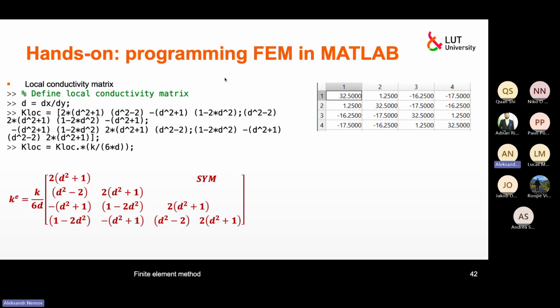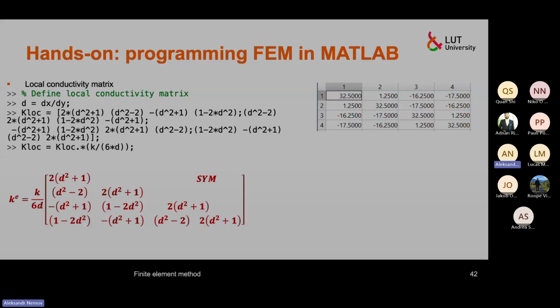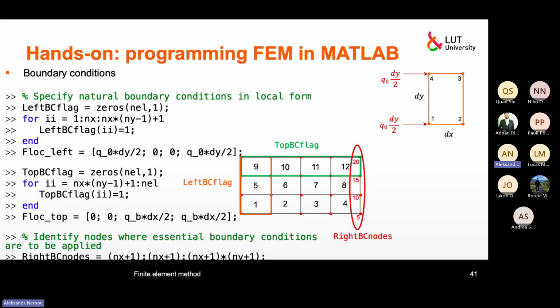And it's not 0 in your case at node number 5. So this is node number 5. I think you have some mistake maybe with these right boundary condition nodes. What do you think? What is your array, this right BC nodes? Does it contain 5, 10, 15, and 12? Oh, not 12, 20.